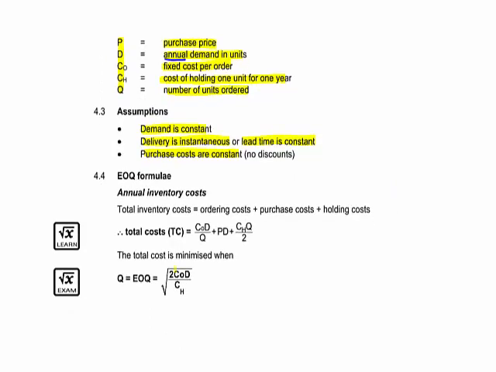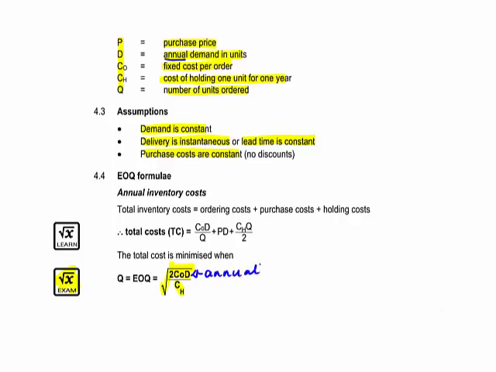So the quantity to order is equal to the square root of 2 times the cost of placing an order times the annual demand, divided by the cost of holding 1 unit in stock for 1 year. And the good news is that that formula is given to you in the exam. However, it is only the formula that is given to you, so you need to learn those definitions, and you need to remember that this demand figure, for example, is annual demand.